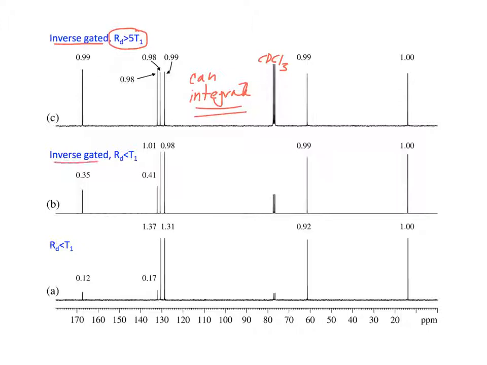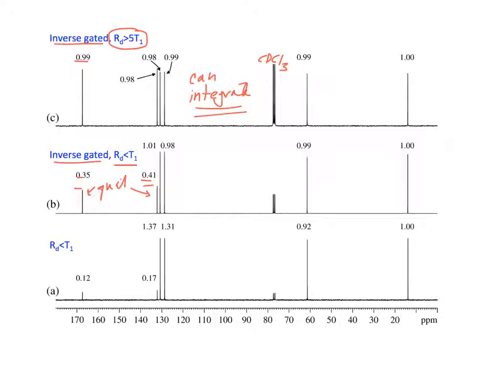Okay, here's the inverse gated, but with a shorter relaxation delay. And notice that these, I guess these are integration numbers here, 0.35 and 0.41. The quaternary carbons, these are both quaternary, are getting much smaller.